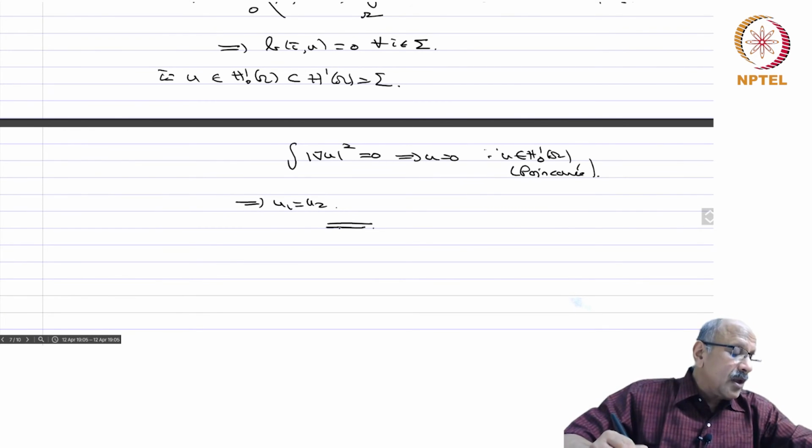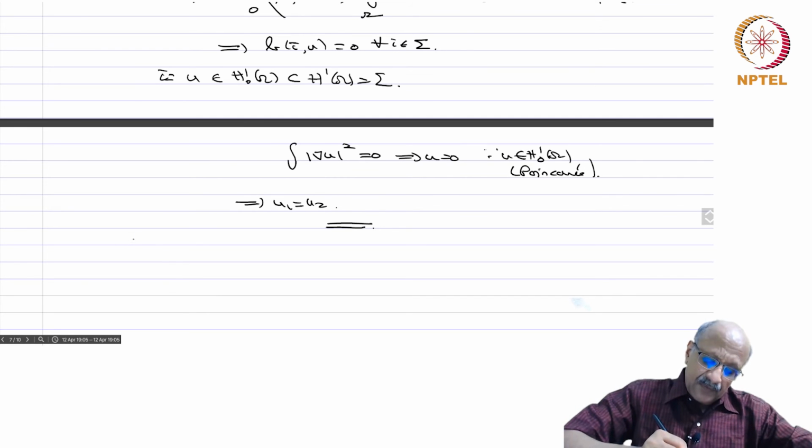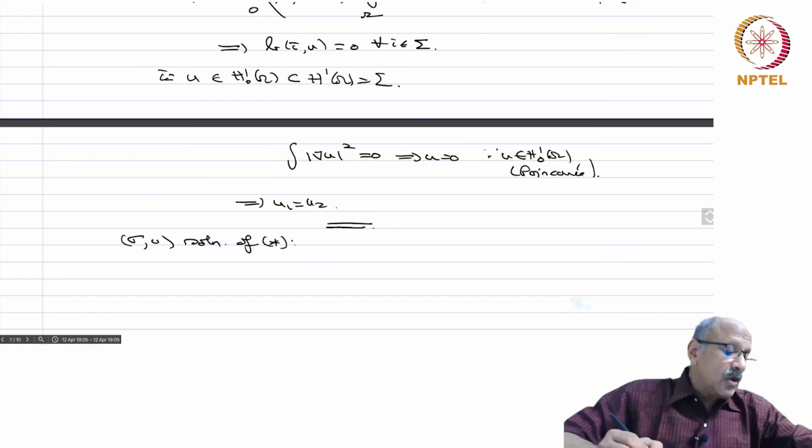So now let us look at this equation again. Suppose I have sigma, u a solution of star, and see how we can recover the equation.